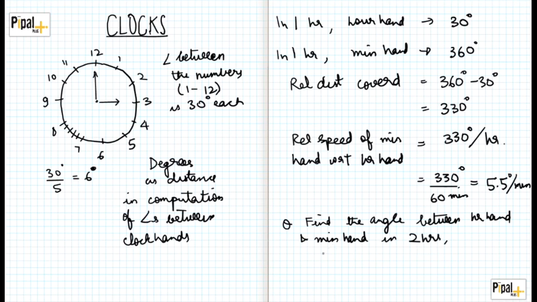Then we know that the angle they change in 1 hour is 330 degrees. So the angle that has been covered in 2 hours is going to be 330 times 2.